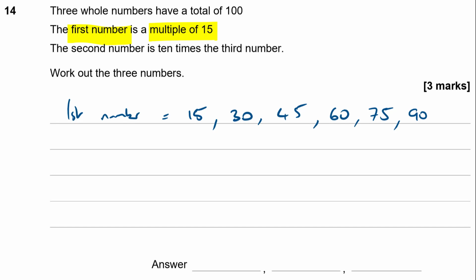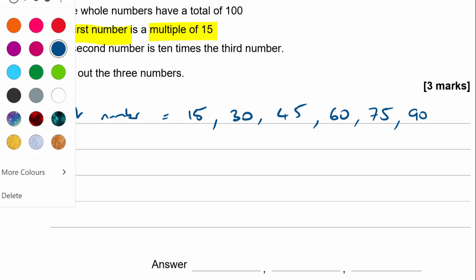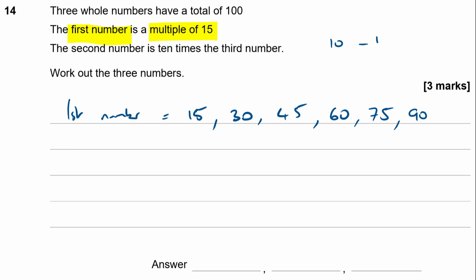So if my second number is 10 times as big as my third number, then it's going to be a multiple of 11, and isn't there, 2 numbers together? Because if you've got 10 and 1, that is.